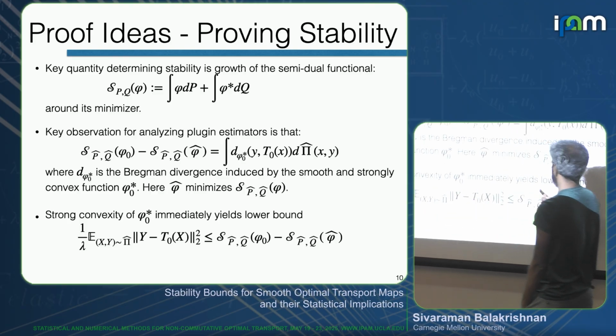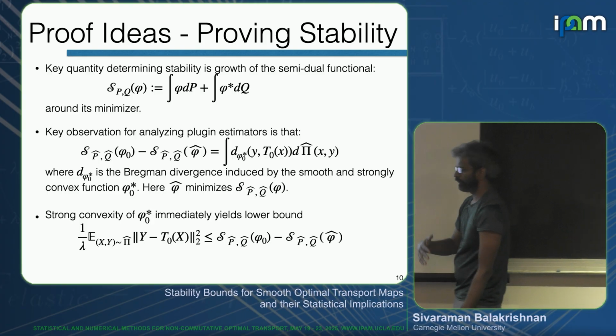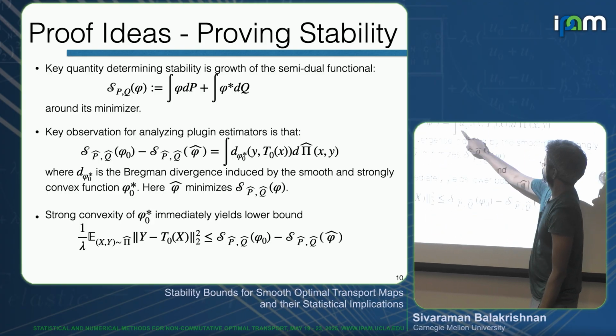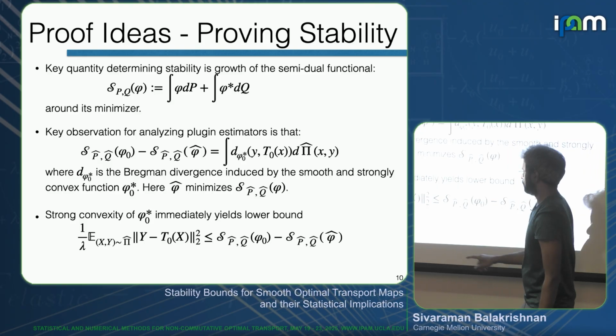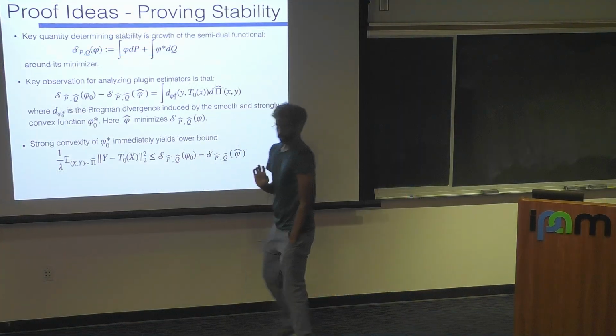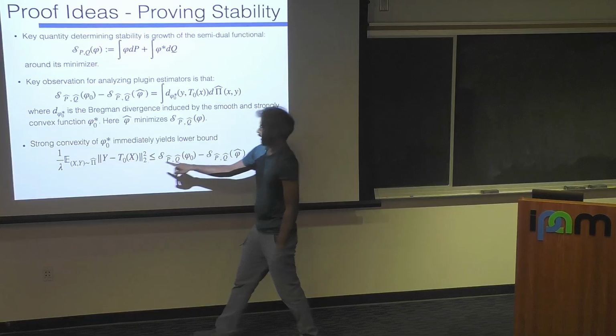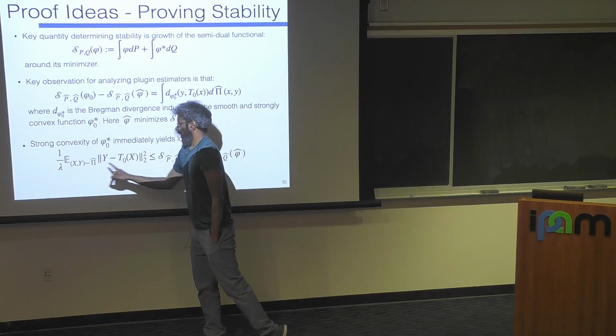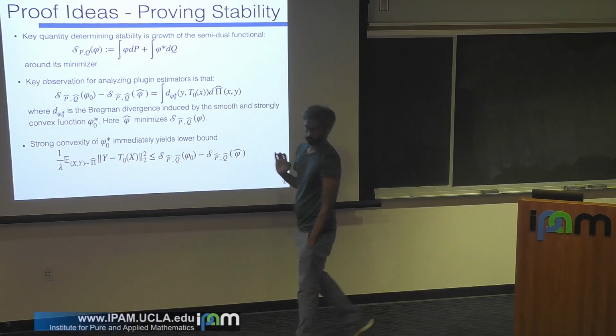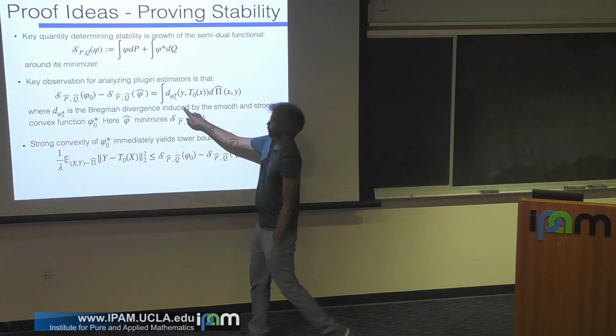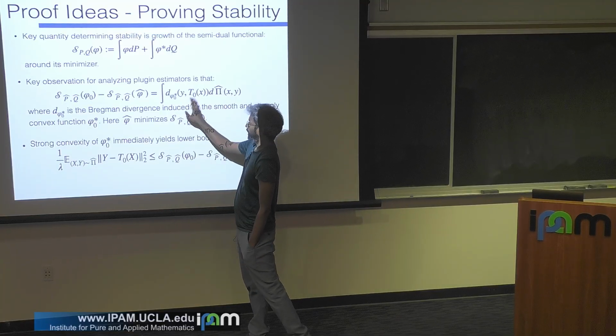And the strong convexity of phi 0 star will immediately give you a lower bound on the Bregman divergence. In particular, it'll tell you that this Bregman divergence can be lower bounded by exactly this quantity over here, which is just how far are y and t0 of x, where x and y are drawn from this coupling pi hat. So pointwise, you can lower bound this Bregman divergence by a quadratic.